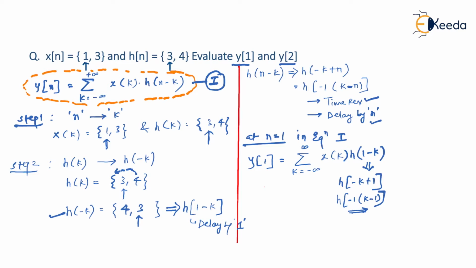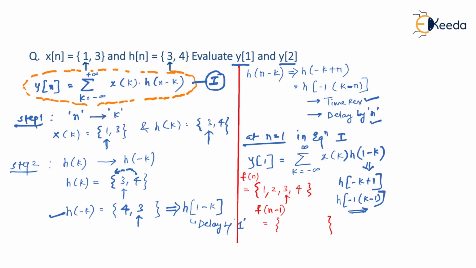For example, we have this sequence 1, 2, 3, 4. Again, I'm just taking a dummy sequence here. Let us consider a arrow mark here, and considering this sequence as f of n. So consider this is f of n, and let's say if I want to go for f of n minus 1. Okay, so what I'm actually trying to do, I'm going to delay this sequence by 1.